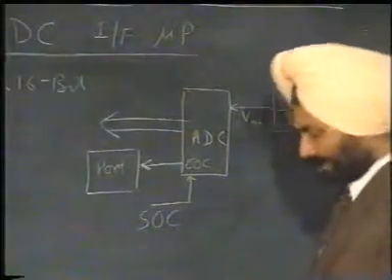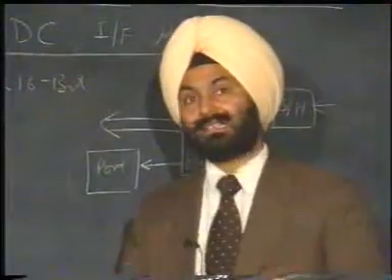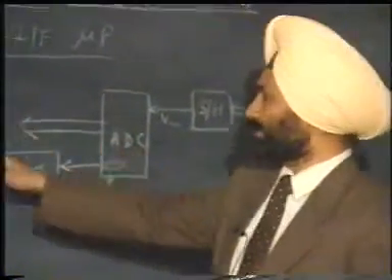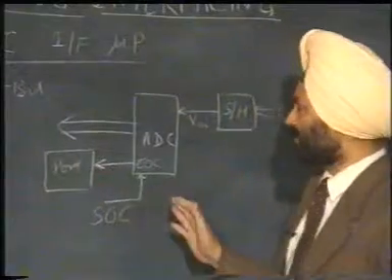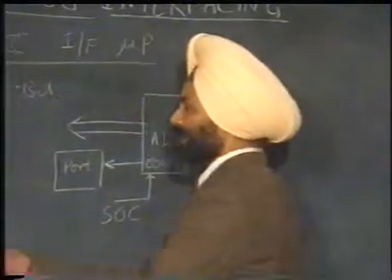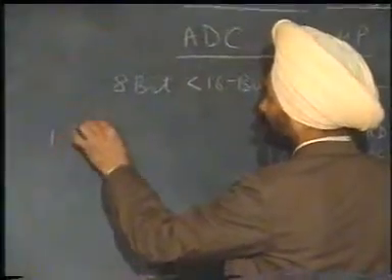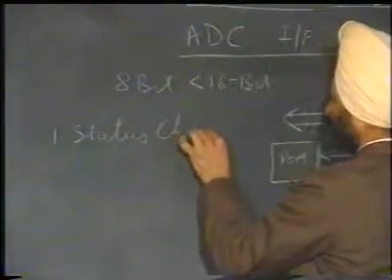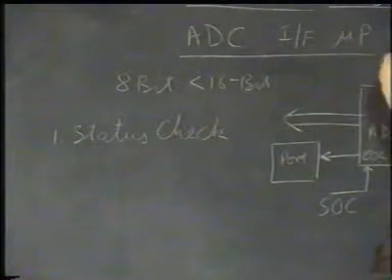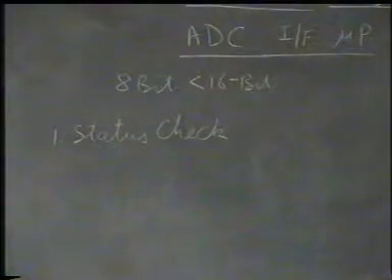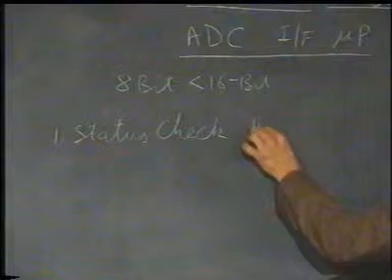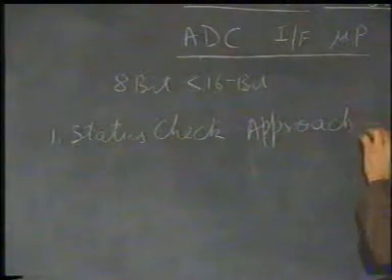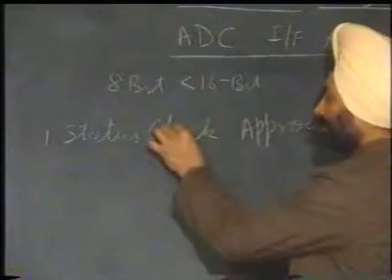But in this case, the handshaking of this ADC with the microprocessor is provided by using different approaches. One of the approaches can be the status check approach. Now what is the status check approach?